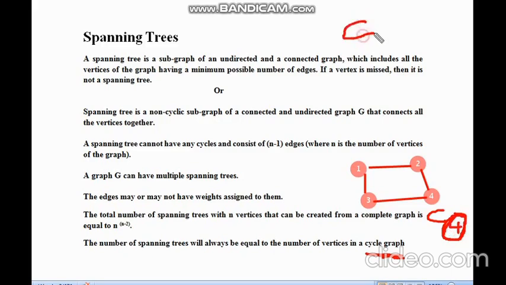If it is C3, what is n here? 3, so 3 spanning trees are possible. If it is C5, how many vertices here? 5. Hence 5 spanning trees are possible for a cycle graph. And we have 2 points over here. If it is a complete graph, we should have n to the power of n minus 2 spanning trees. If we have a cycle graph, we have n spanning trees, where n is the number of vertices in the given cycle graph.